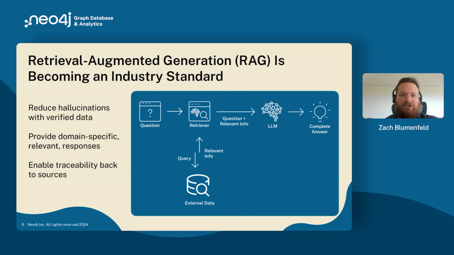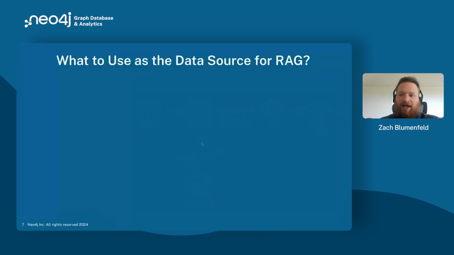So sending a question to a retriever, and that retriever is going to query some external database, often proprietary data or some specific type of data, to bring back relevant info, which then gets combined with the question in a prompt, and then the LLM can provide a more complete answer with deeper explainability, right, by using that retrieved relevant information.